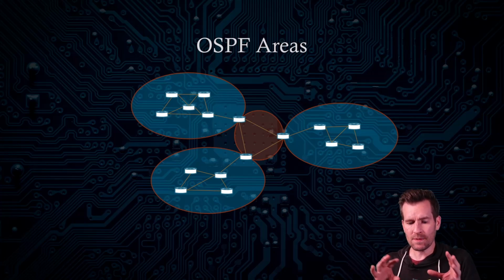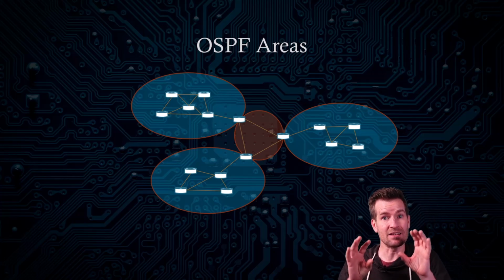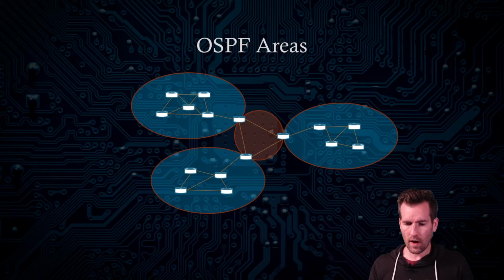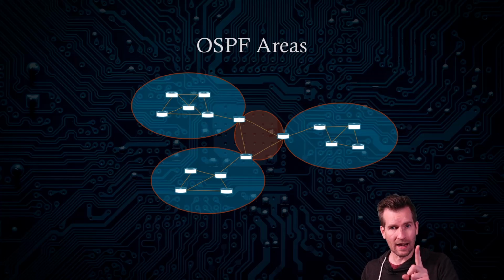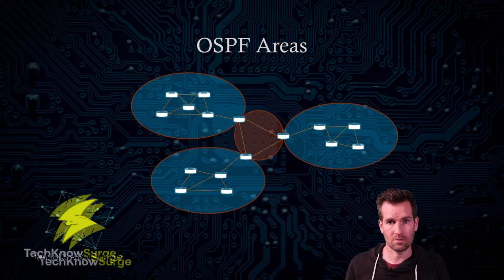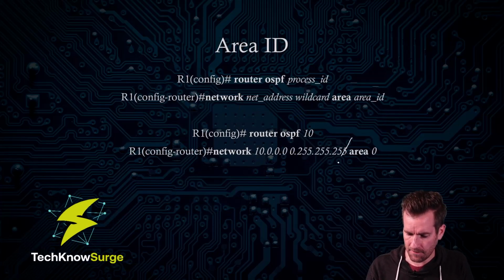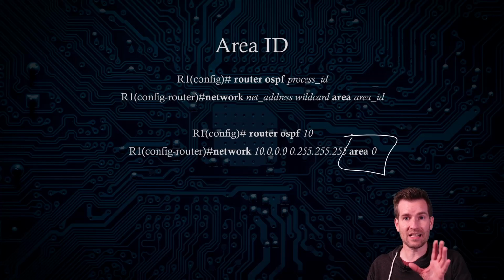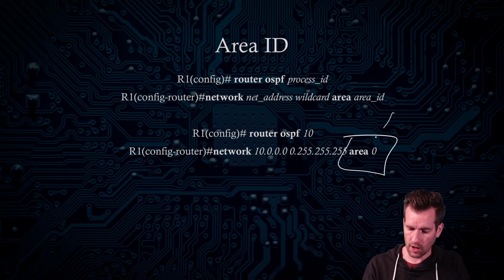So OSPF areas allow us to break it into smaller sections. The best practice when you only have one area, which is what we're going to have on our network, is that area should be area 0. So for our area ID, for most of this course, we're going to be using area 0.